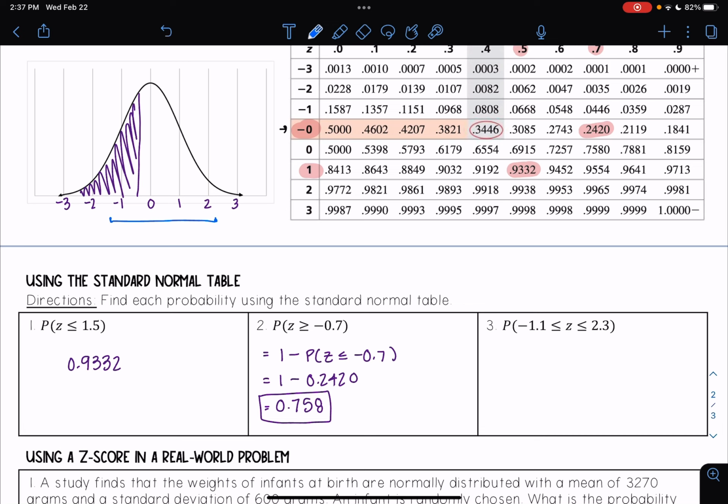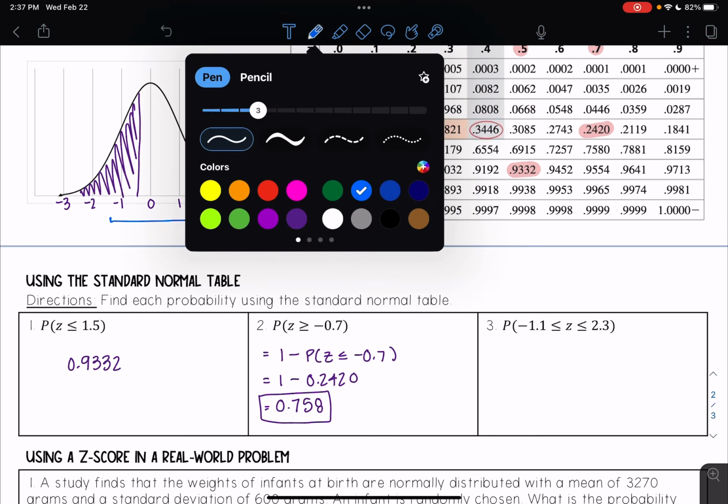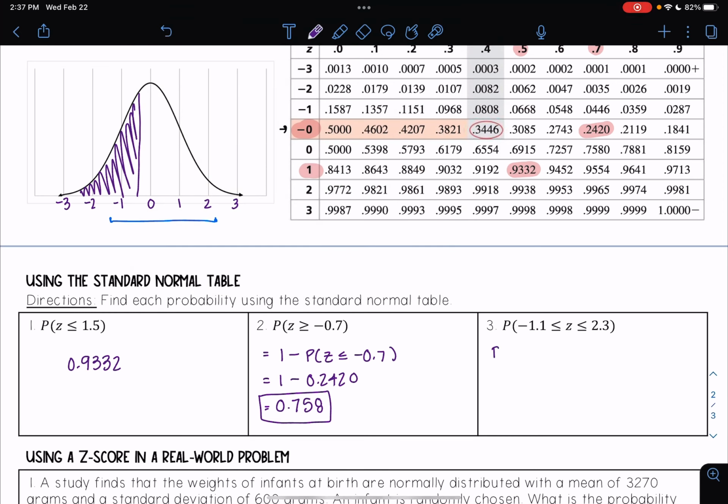Here we can still use the table, and the trick is that we want to find first the probability that z is less than or equal to 2.3, and I want to find the probability that z is greater than or equal to negative 1.1.